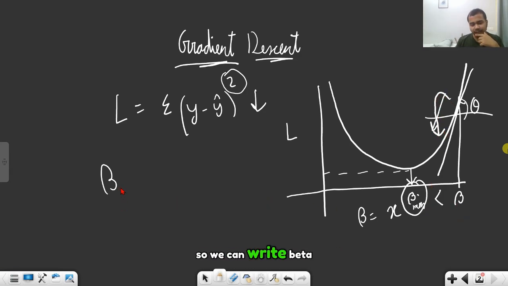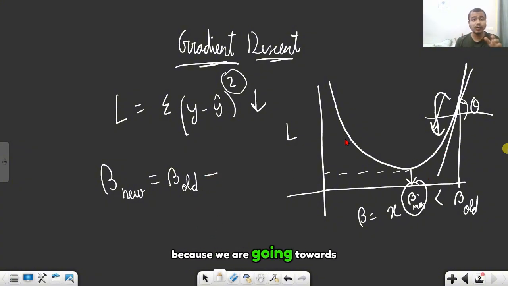So we can write beta new equal to beta old, which is this current point, beta old minus, because we are going towards the left side and decreasing our beta value, the value of the derivative of this function at this point.